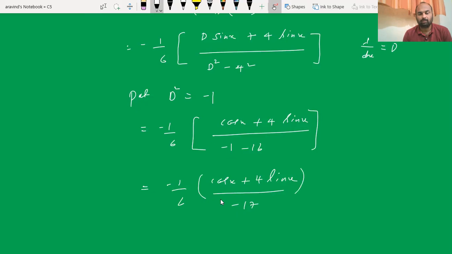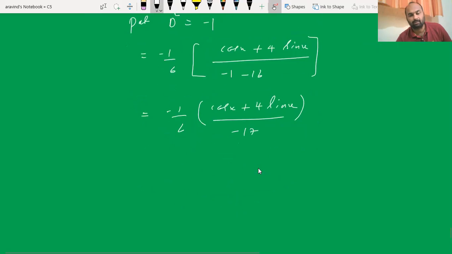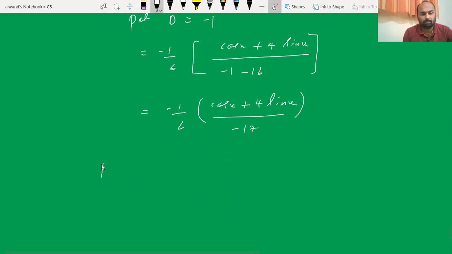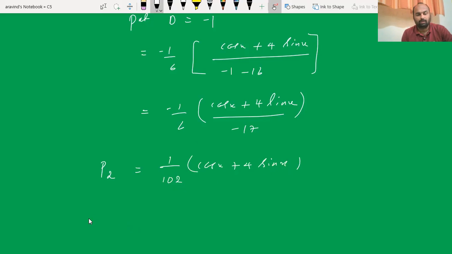So now minus and minus get cancelled. So P2 will be 1 by 102 into cos x plus 4 sin x. This is P2.